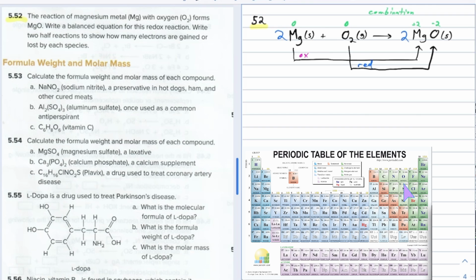So the O2 is reduced into the oxide anions. The neutral O2 molecules are being reduced into the -2 charged oxide anions. So we can write the oxidation and reduction half reactions.